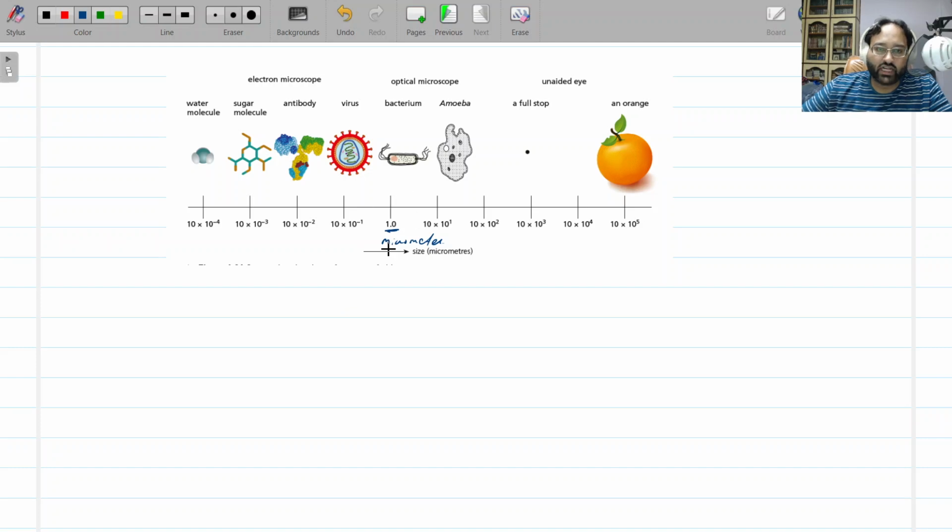The standard they're using is 1 micrometer, and something a bit larger than that is a bacterium. And how much is 1 micrometer?